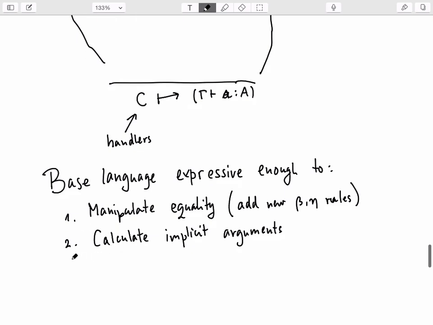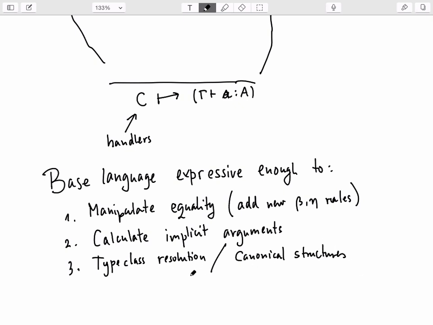Well, you can now go down the list, right? So once you say, well, I could calculate implicit arguments, then you could say, well, I could also implement type classes. Or if you want canonical structures. These are all techniques from existing proof assistants, which are hardwired into the proof assistants.